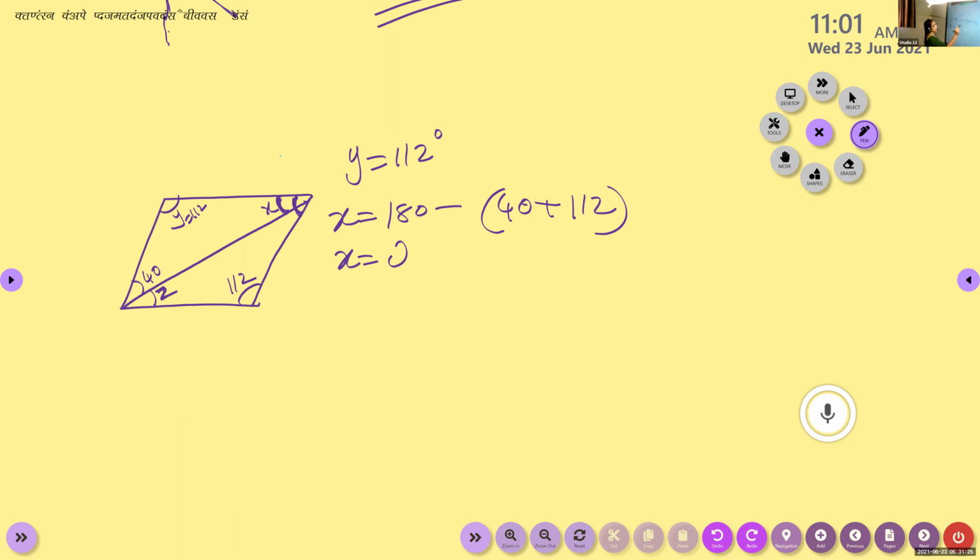Okay, X equal to 28. Z equal to 28. What's the reason? Alternate interior angles. Z also equal to 28 degrees. Write the reason in brackets: Z equal to 28 degrees, alternate interior angles.